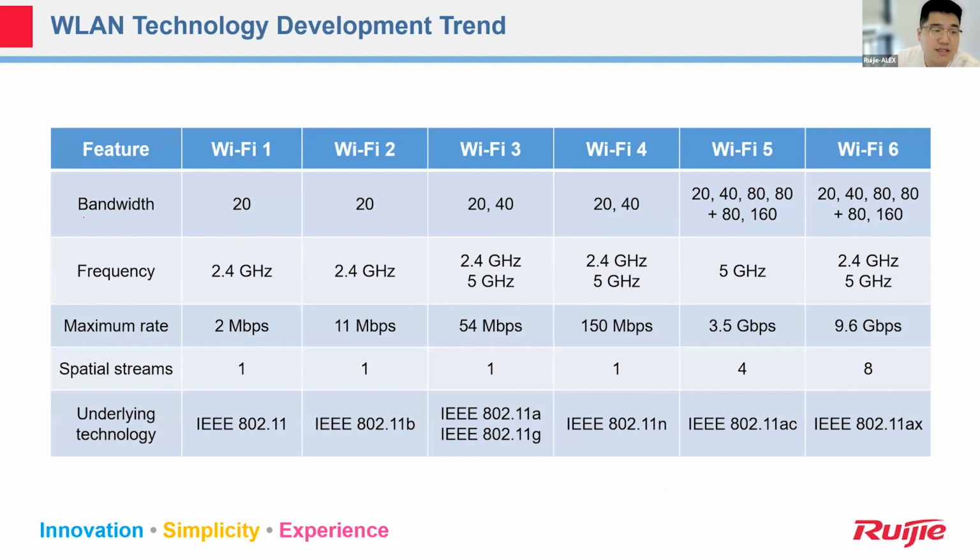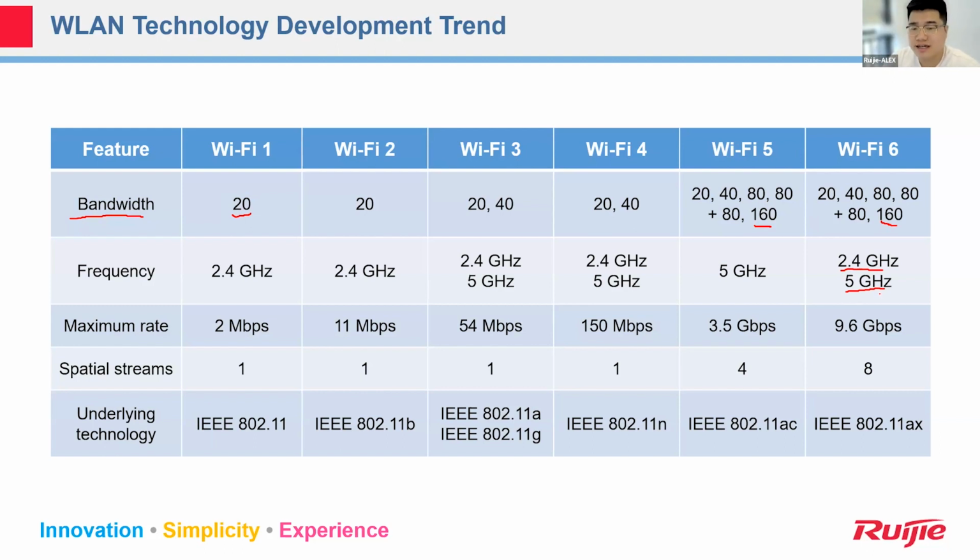For example, in Wi-Fi 1 it is only 20 megabits, while nowadays it's up to 160, right? But the frequency we are using is similar. We are using 2.4 gigahertz and 5 gigahertz bands.